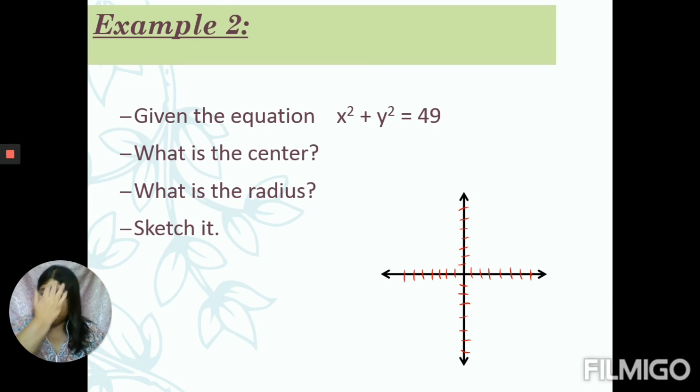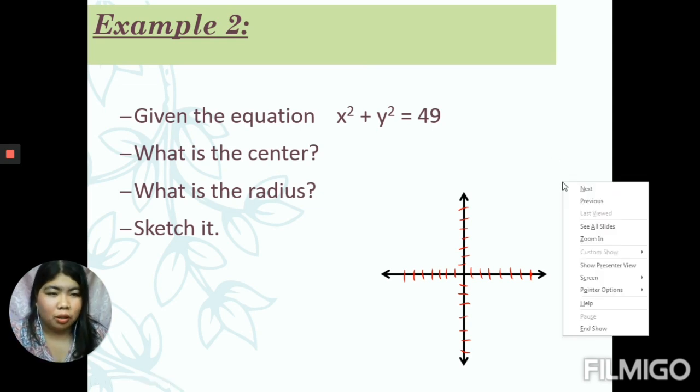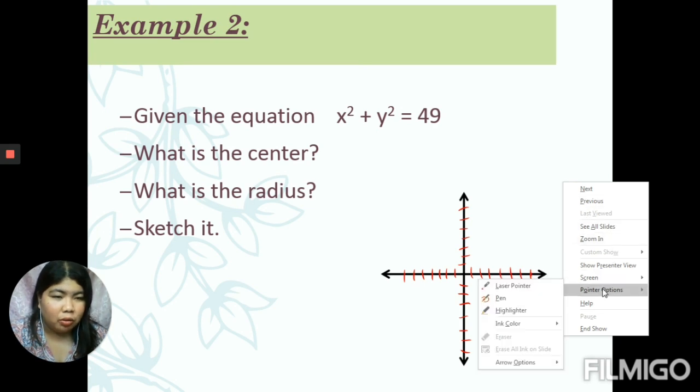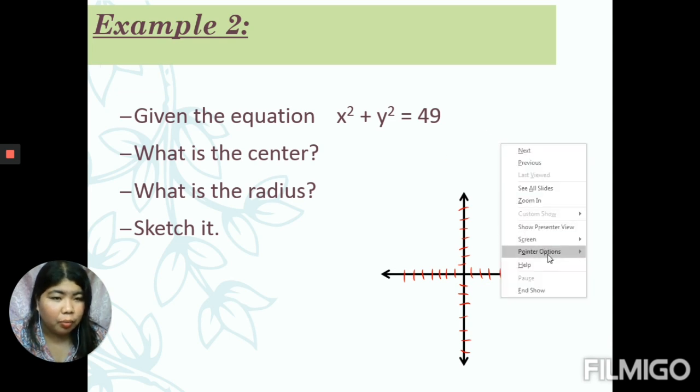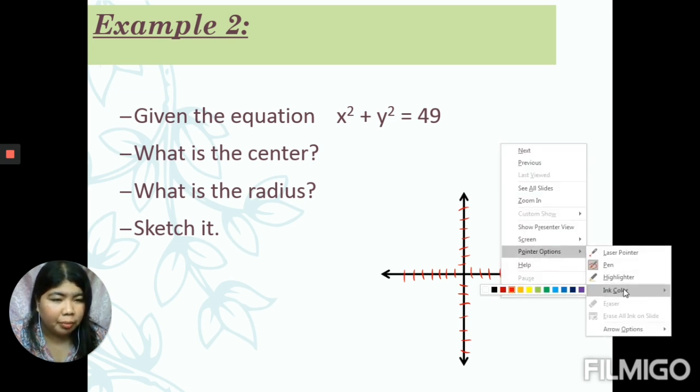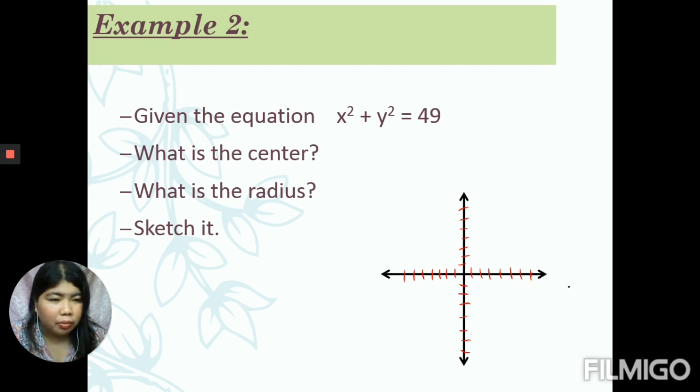Naisip ko, huwag na tayong gumamit ng papel. Pagpasensya nyo na lang yung pangit kong sulat. Ayan, gamit na tayong pointer from here. So, let's make it color blue. Ayan. So, now we have this equation, x squared plus y squared equals 49.